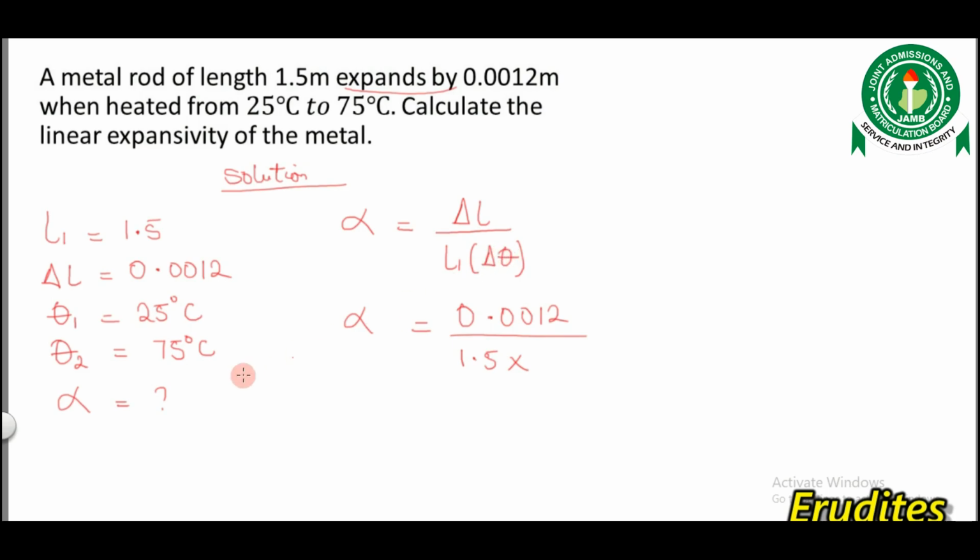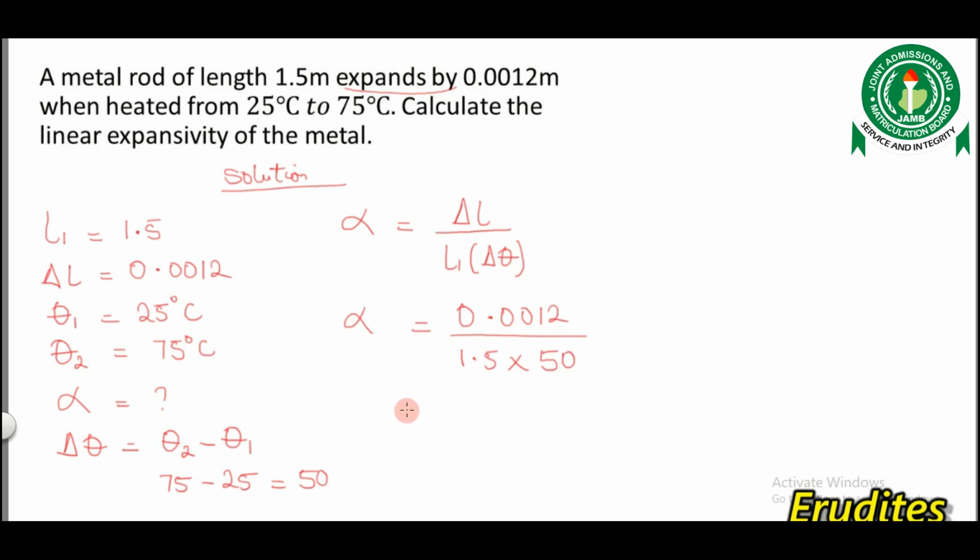My change in theta is theta 2 minus theta 1, so 75 minus 25 is equal to 50. So that will be times 50.